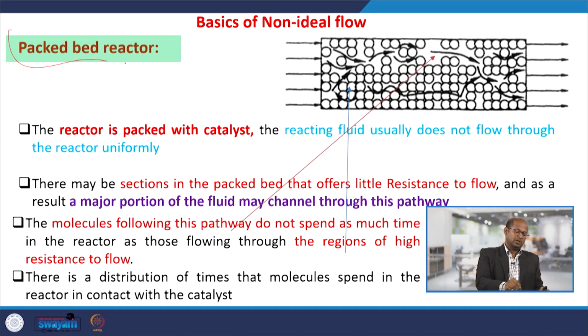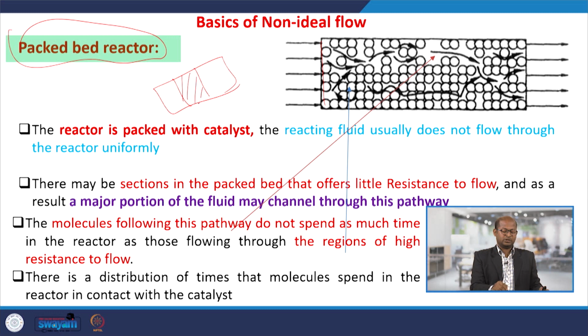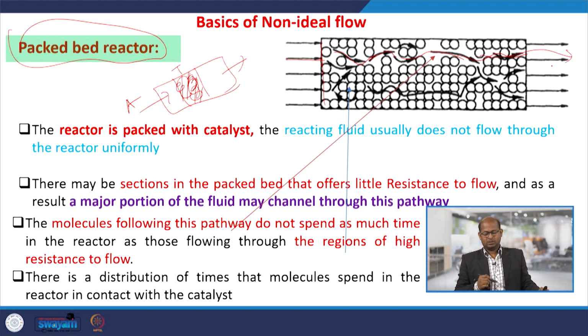Similarly for a packed bed reactor, this is the packing material. In packed bed reactors we usually put solid catalyst here, and then reactant A passes through this catalyst bed. Okay. When the reactant is flowing here, there are some void spaces, and some molecules leave the reactor without interacting with the catalyst surface. It takes very little time.